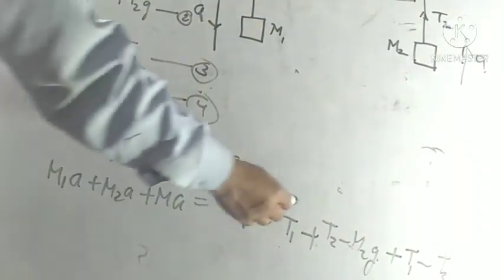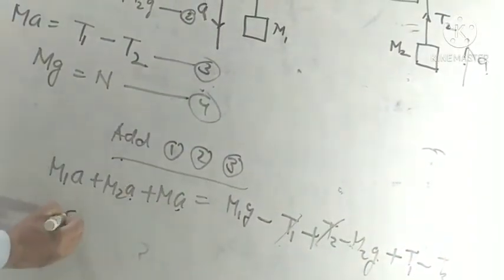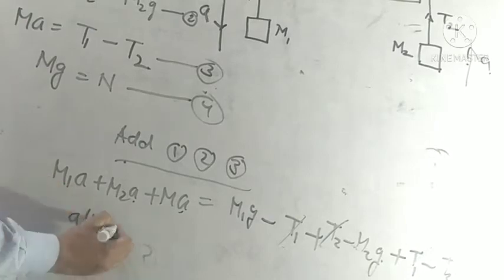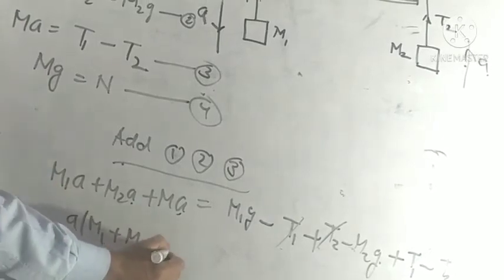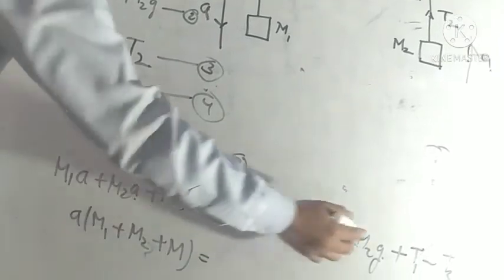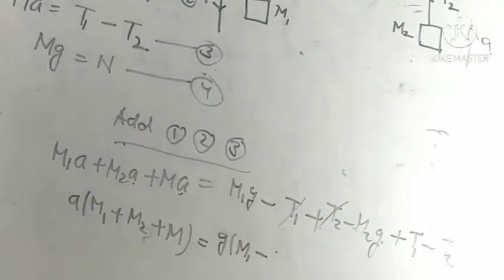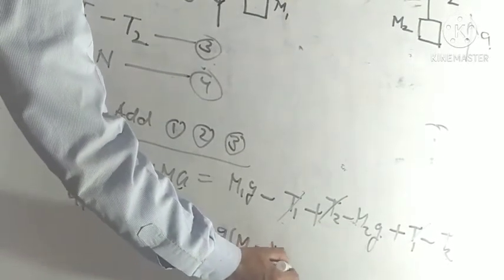Here T1 and T1 will cancel each other, and T2 and T2 will cancel each other. Here we take a common, and what is left inside the bracket is M1 + M2 + M, and we take g common, and M1 - M2 is left inside the bracket.